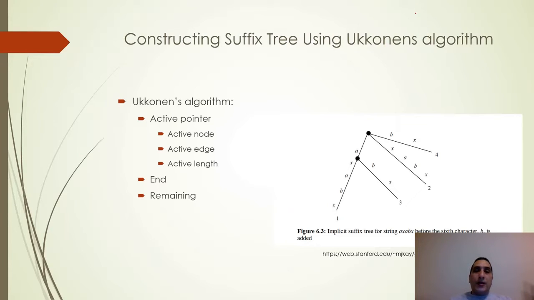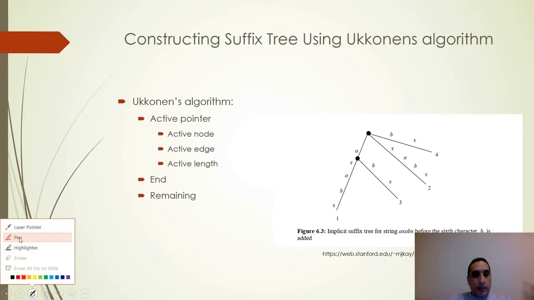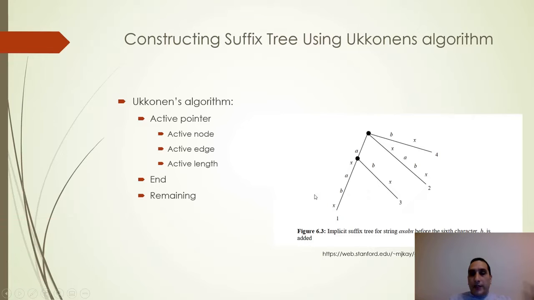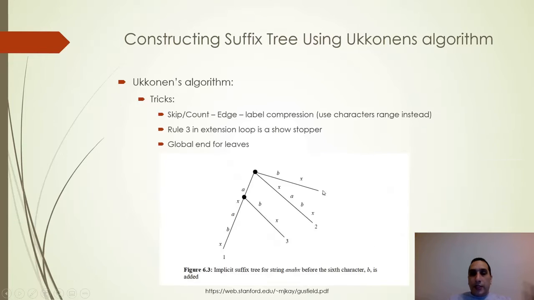All right. So what is the active pointer? The active pointer is a pointer that helps the algorithm to know and leads it to the location where it needs to start processing. So, for example, let me get the pen here really quickly.